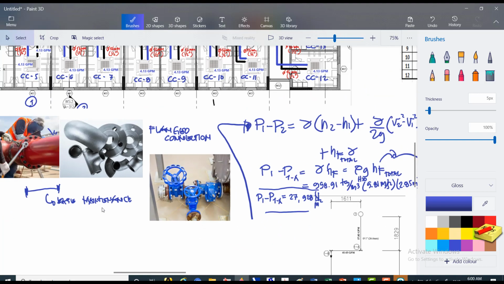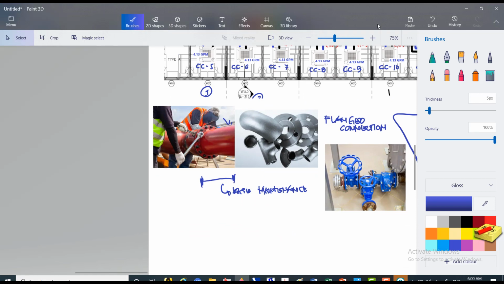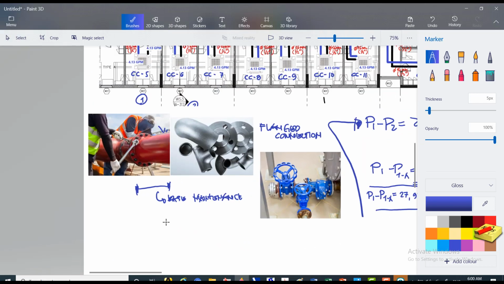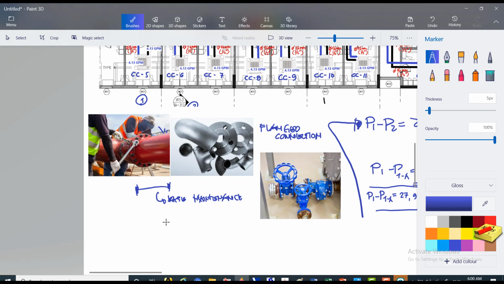So mostly yung mga fittings that required a flange connection, that is starting from 3 inches. So 3 inches above, pataas yan. So they are all flange connection, in the fittings na ito mostly.